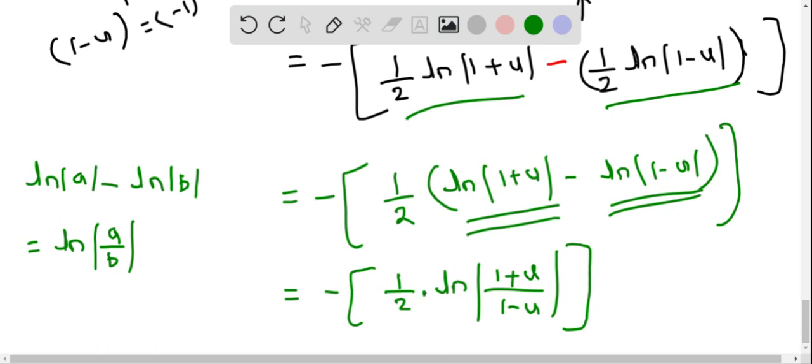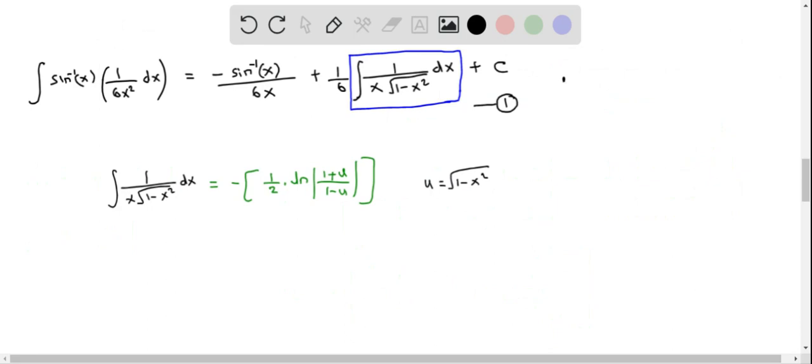We can substitute the value of u in terms of x and write this expression in terms of x. Here I have copied only equation 1 as well as the expression for u. So first let's convert this into an expression involving x. We just have to replace u with the square root of 1 minus x squared.